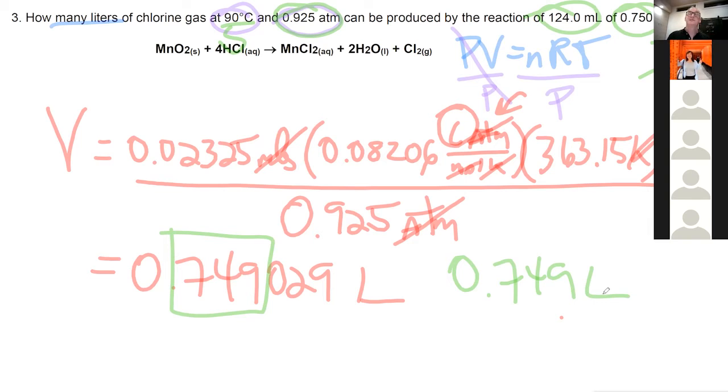So again, since this is a gas problem, if you want to check your work, what you can do is take the number of moles and multiply it. At 1 atmosphere of pressure and 0 degrees, what volume should a mole of gas take up?